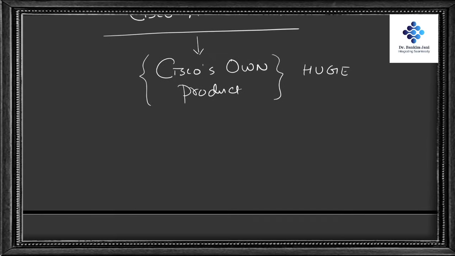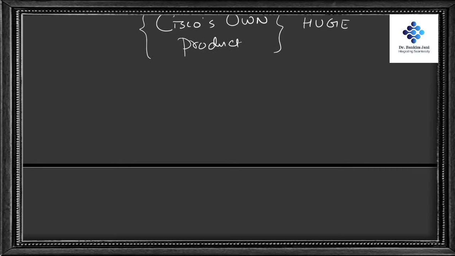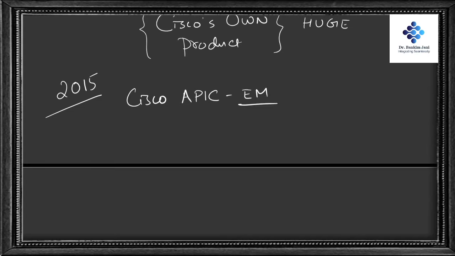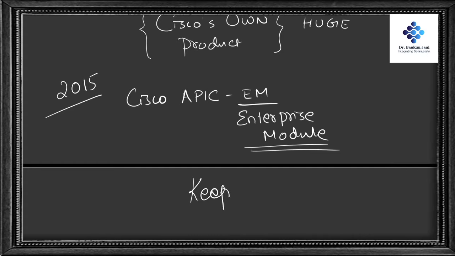Now this thing came in the year 2015. In 2015, they came up with Cisco APIC EM, enterprise module. Now, is it a new thing? Is it the same as what we learned? No. In fact, it has limited features. Cisco said that you keep all old hardware, don't throw it.